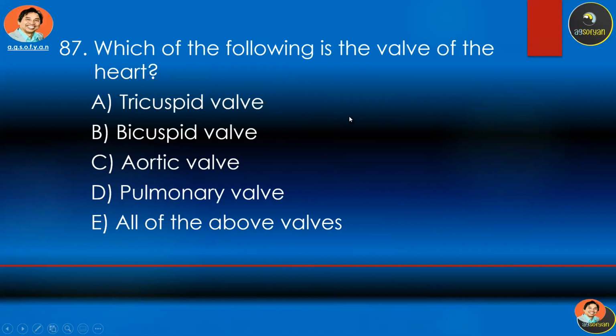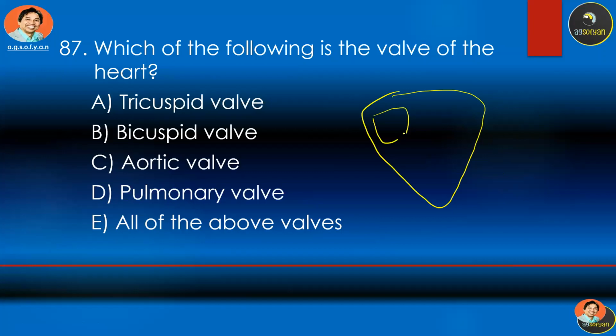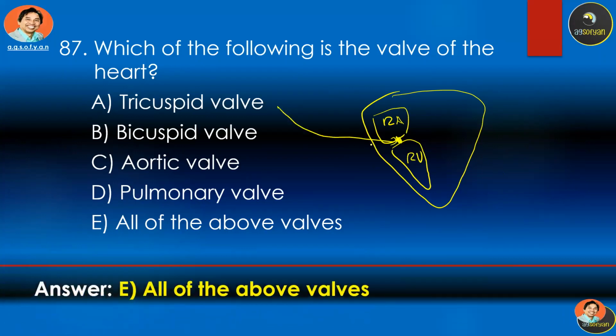Which of the following is the valve of the heart? A, B, C, D, or E? Okay, remember there are 4 valves in the heart. Between the right atrium and right ventricle, there is a valve called the tricuspid. And then between the left atrium and left ventricle, there is the bicuspid valve.